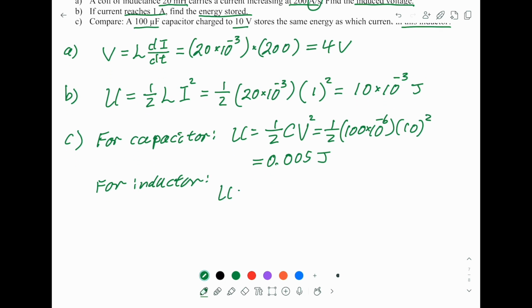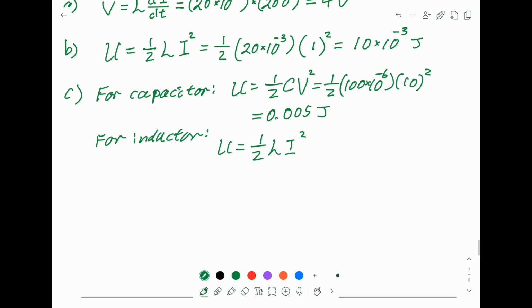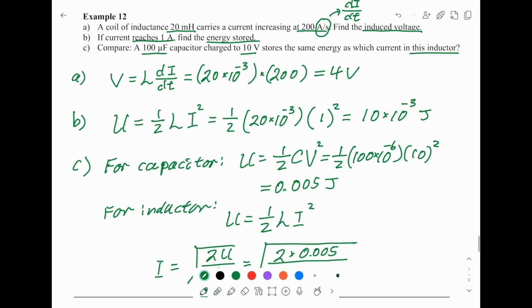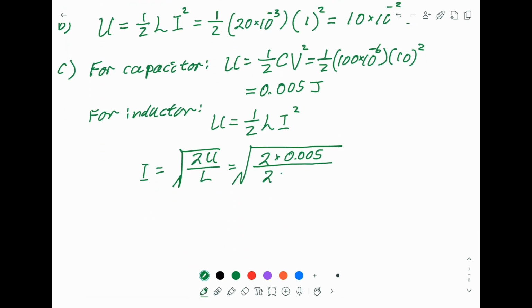It means U equals half L I squared. So U is equal to 0.005, and we want to find I. So I is equal to the square root of 2U over L. This one is 2 times 0.005, and the inductance is 20 millihenry. So the current equals 0.707 ampere.